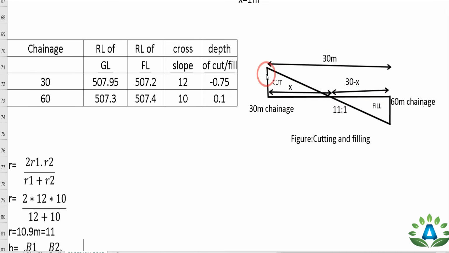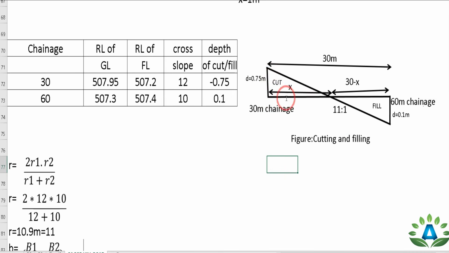So for this we are going to use the similar triangle properties. Here at the chainage of 30 meter we have a depth of 0.75, whereas at the chainage of 60 meter we have a depth of 0.1 meter. So simply what we need to do is horizontal by vertical.